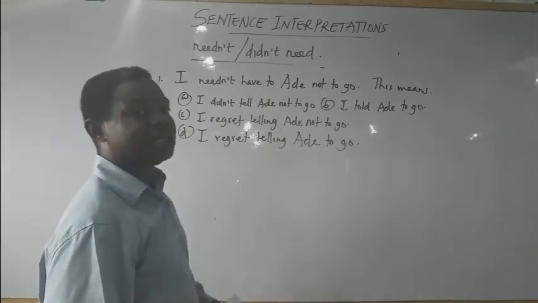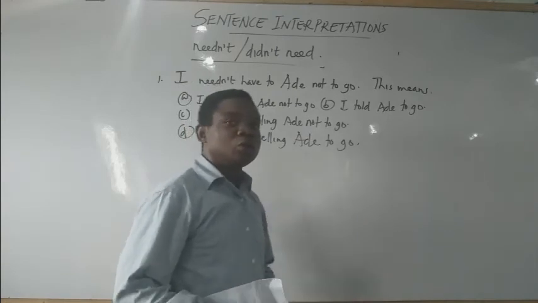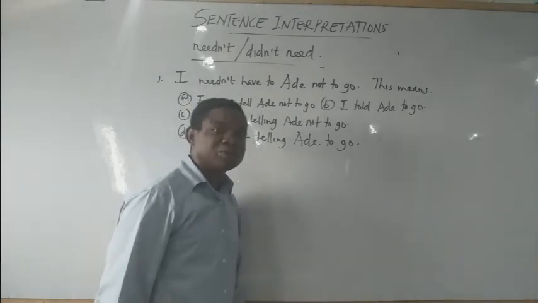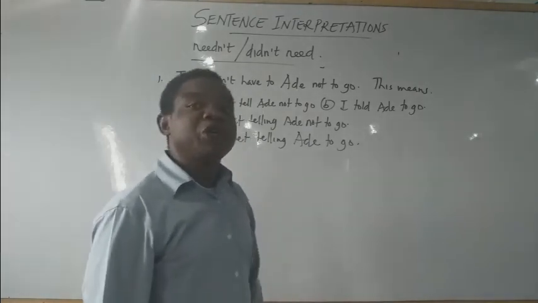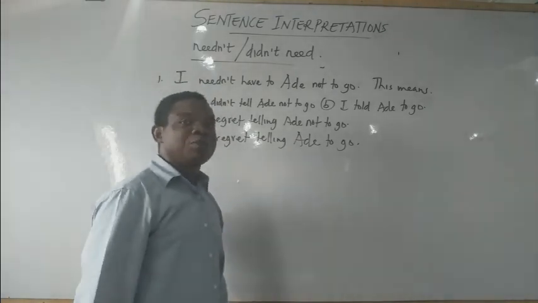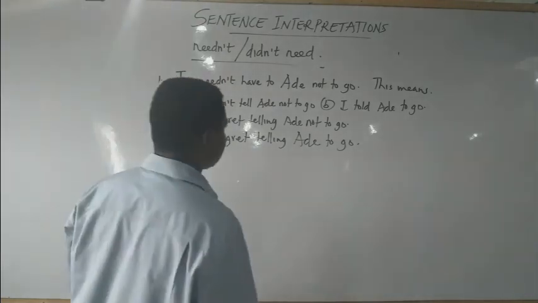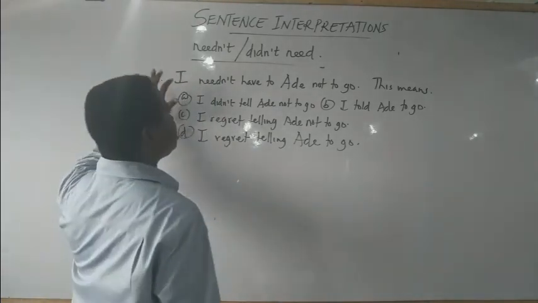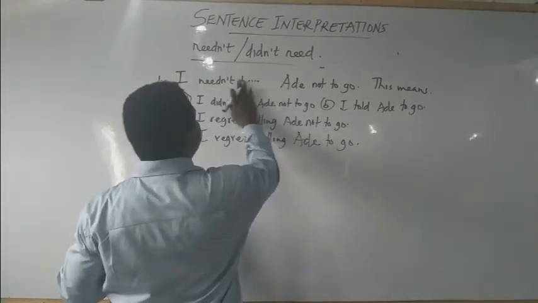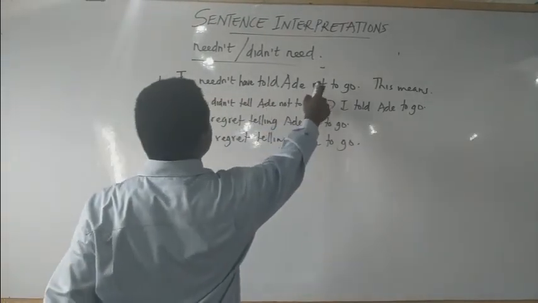That's why I said that sentence interpretation is done through adequate consideration of the words, the structure of the sentence, the formation of clauses in it, and the choice of words used by the speaker to convey the overall meaning being expressed. Now look at this: "I needn't have told Ade not to go."